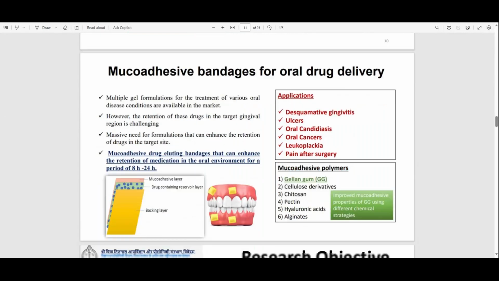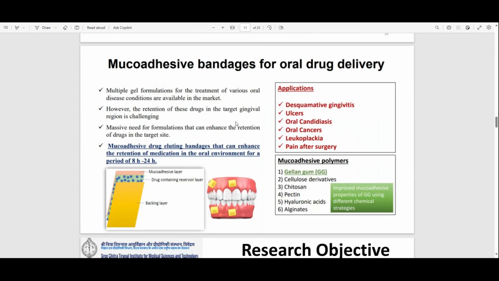However, the retention of the drug in the target gingival region is challenging because of a lot of hurdles like saliva, the use of water, and frequent intake of water or food. These drug formulations will come out very easily. So there is a massive need for formulations that can enhance the retention of drug in the target region.